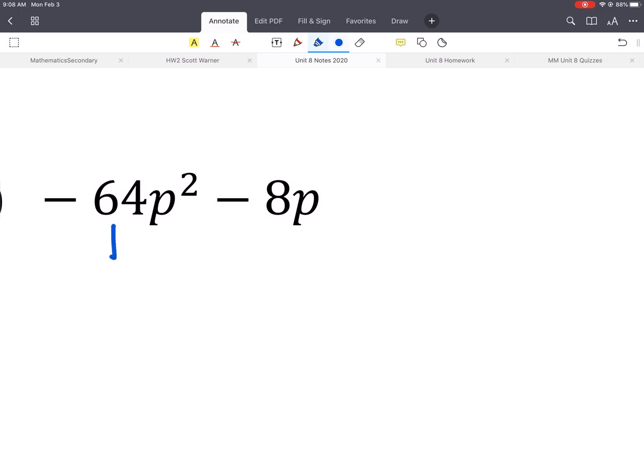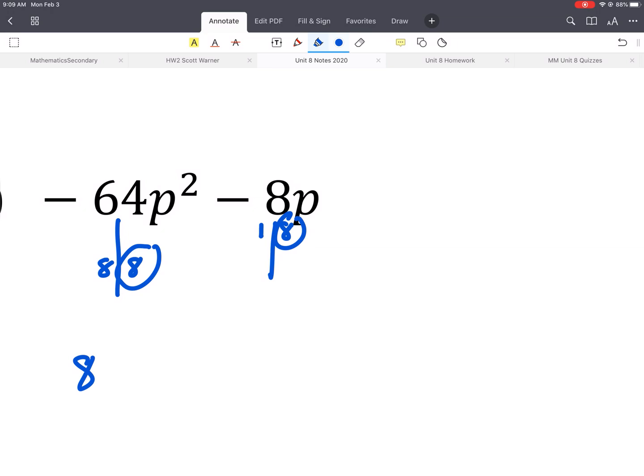So 54 and 8. Okay, well, this goes in 1 and 8. And I know that 8 times 8 is one of the factor pairs. So the greatest common factor would be 8. Okay, and like I said, you don't need to write all of these down if you're confident that that is the greatest common factor.